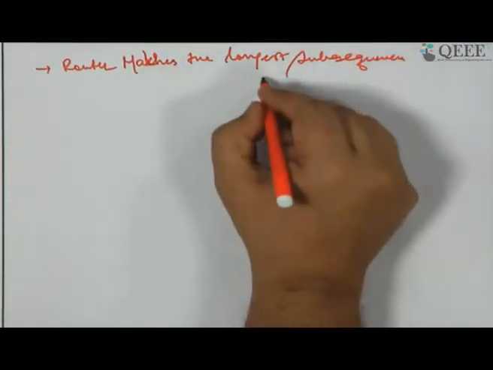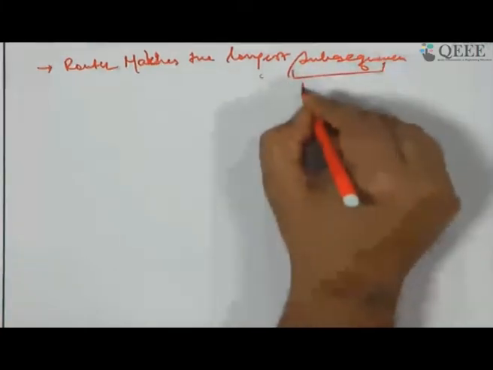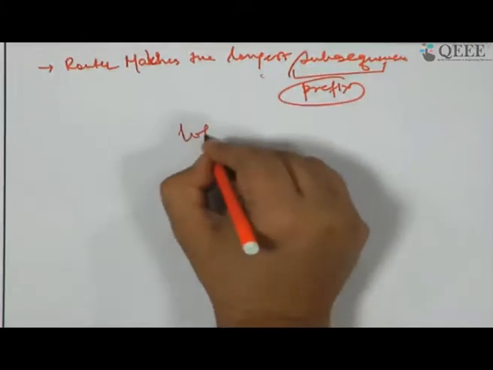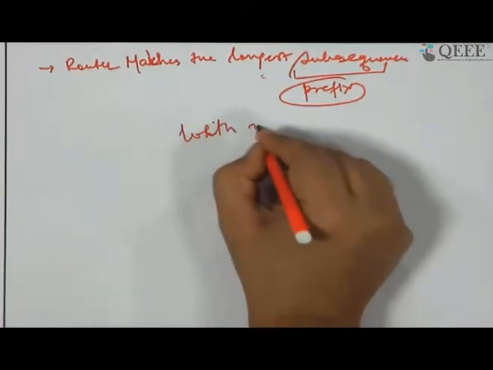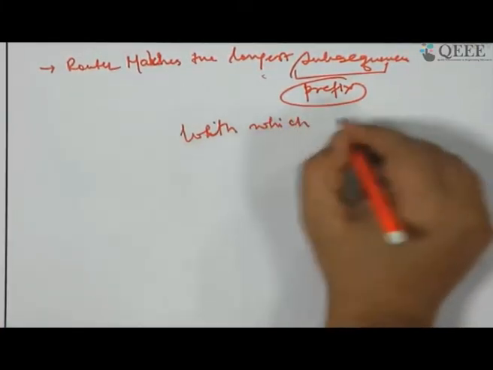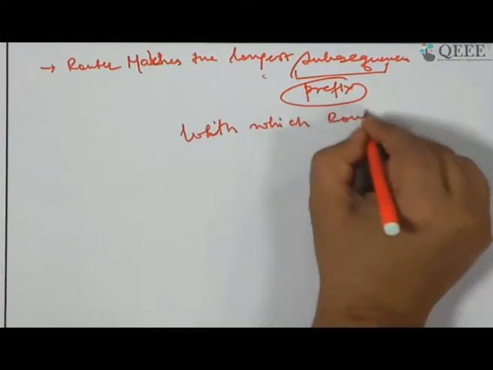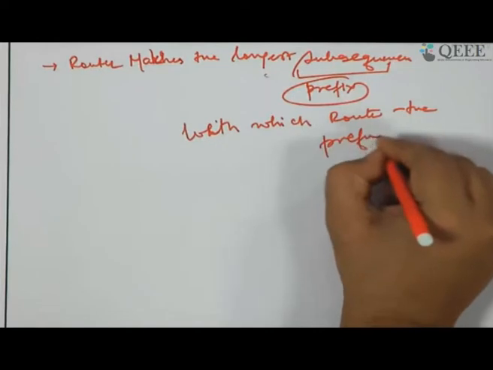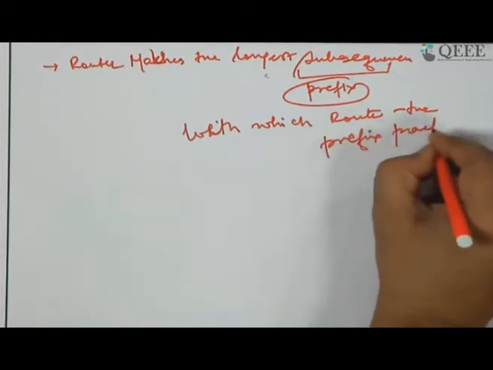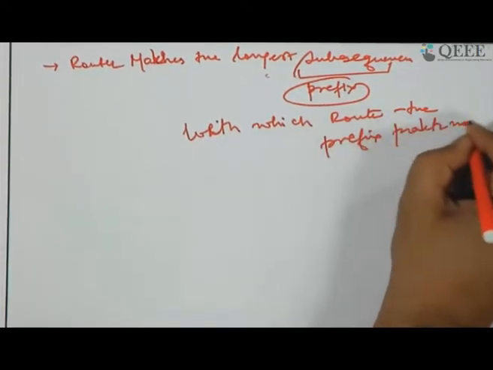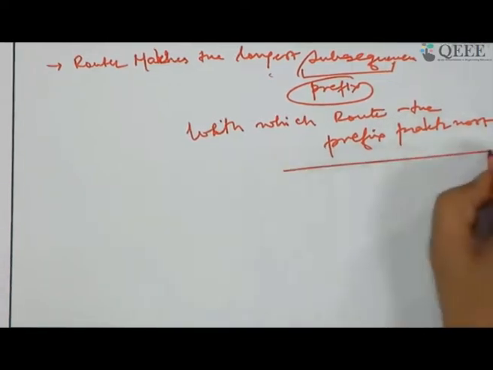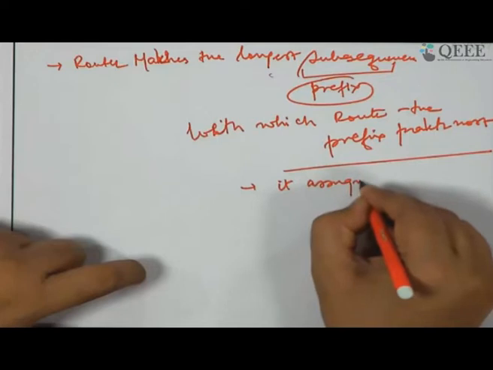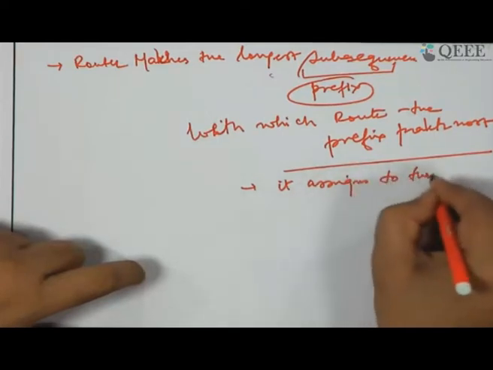So the router sees which route's prefix matches the most. It assigns the packet to that.